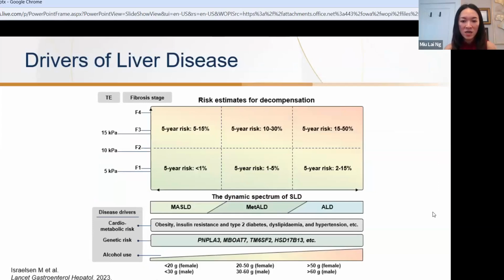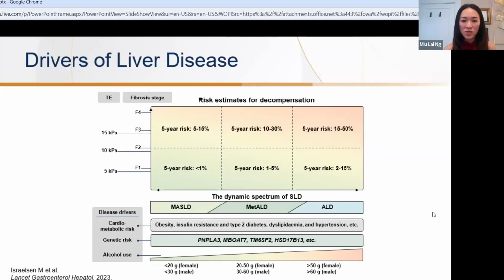liver disease. So for the MASLD, MetALD, and ALD, if you look above, we are measuring the risk for liver decompensation. So for only fat in the liver, on the left axis, you see the fibrosis score.